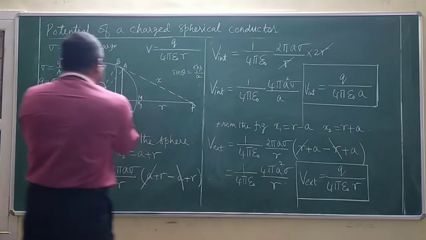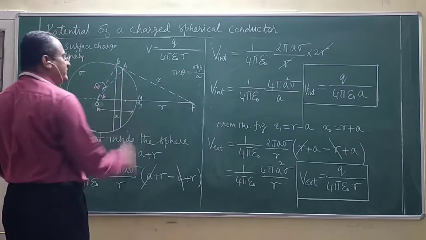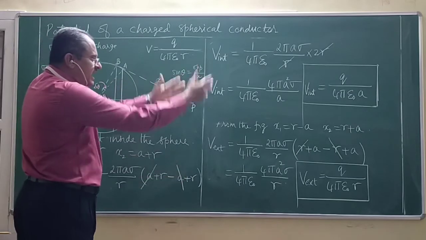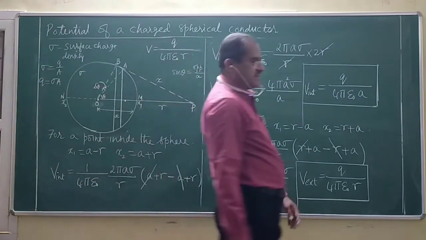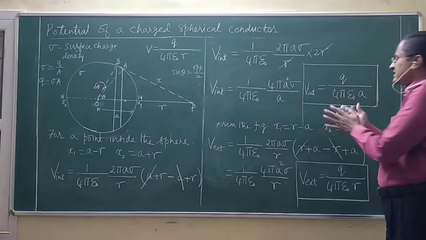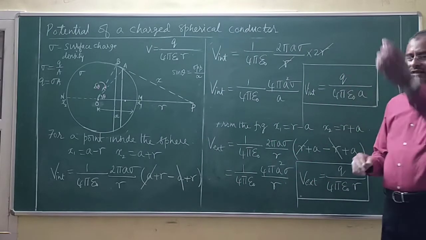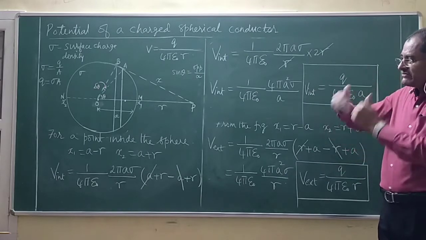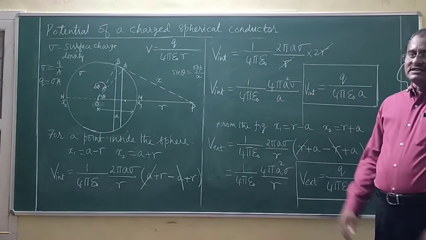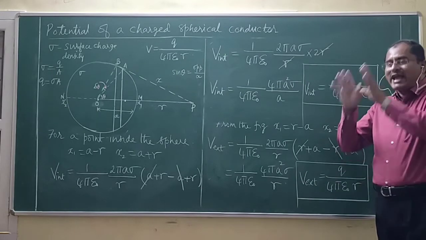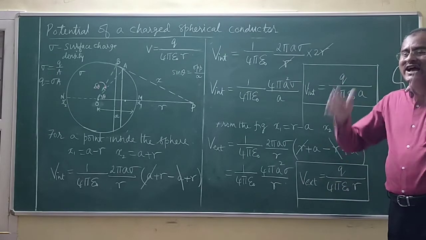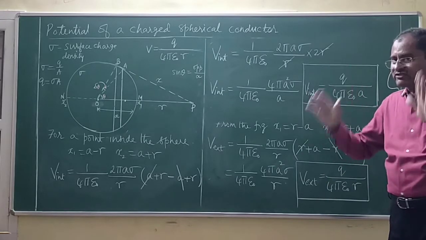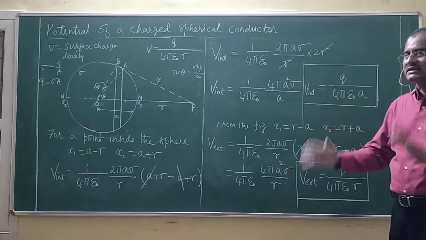This internal point can be anywhere, or even on the surface. Even if you place this point P on the surface, the potential is going to remain the same. So this expression tells me that the potential at point P, if it is inside this spherical conductor, will be the same anywhere and will have the same value if the point P is placed on the surface of the spherical conductor as well.